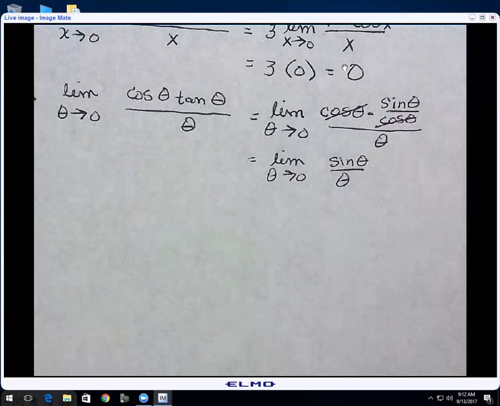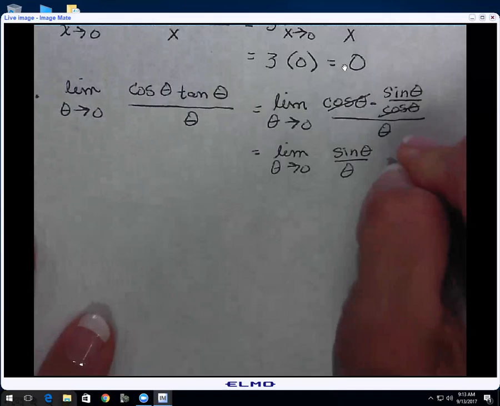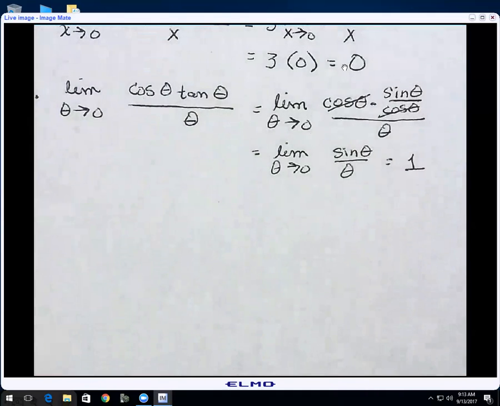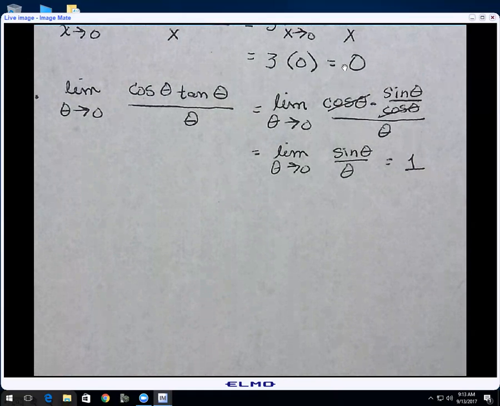Is that one of our special limits? Yeah, in the notes I had x instead of theta, but it's just a variable. As long as you have sine of ugly over the same old ugly, as ugly approaches 0, then what is that? That's 1. Again, it doesn't matter what the variable is.